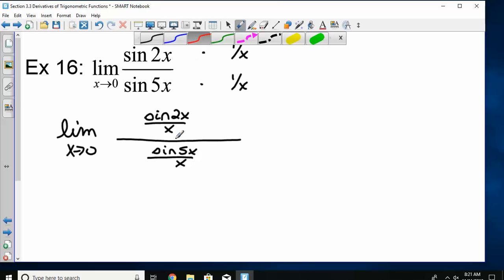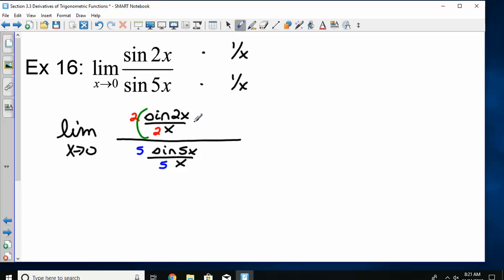This one needs a 2, so if I'm going to put a 2 on the bottom, we also have to put the 2 up there. This one needs a 5. Think of this like 2 times that fraction and 5 times this one.